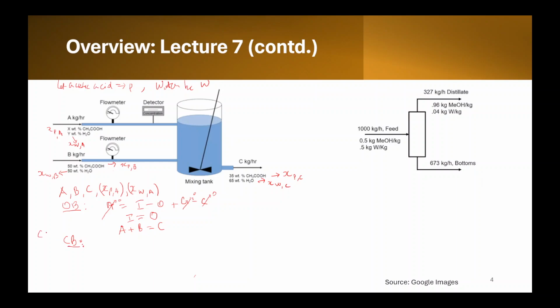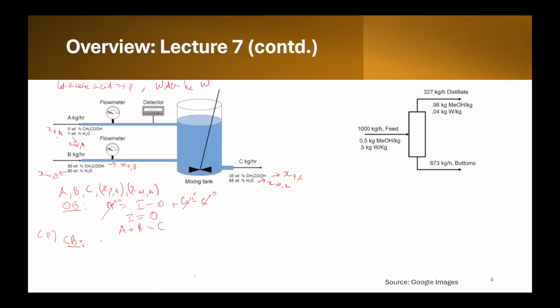If we go for the component material balance for P, P is acetic acid, we have to equate the mass coming in of acetic acid to the mass going out of acetic acid. What would be the mass coming in through stream A?